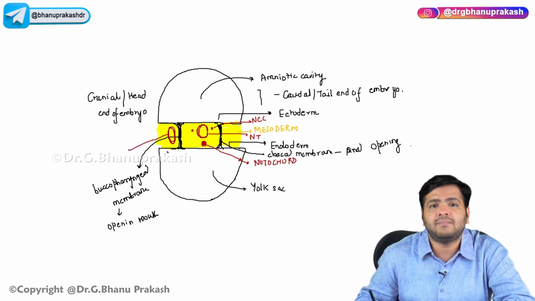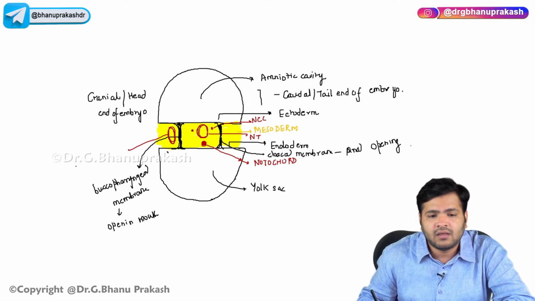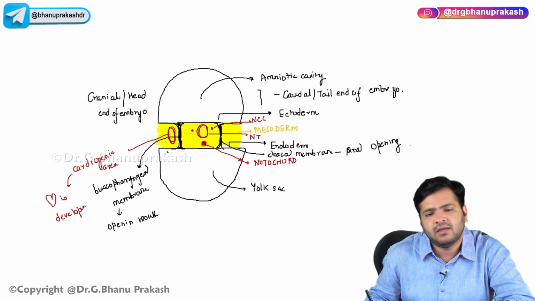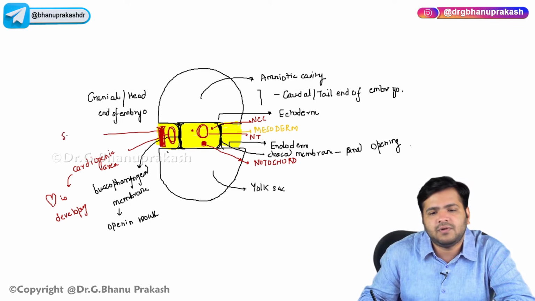This is called the cardiogenic area, and in this area the heart is developing. Just lateral to this we have an area of the mesoderm which is called the septum transversum.